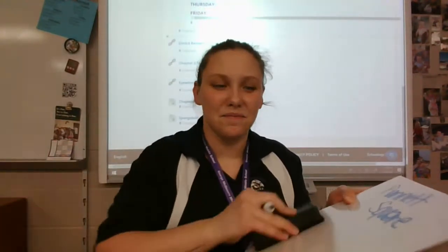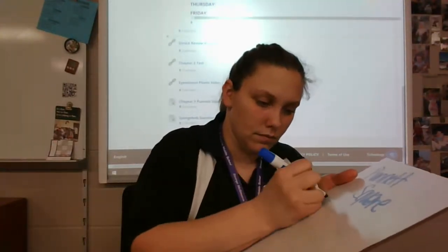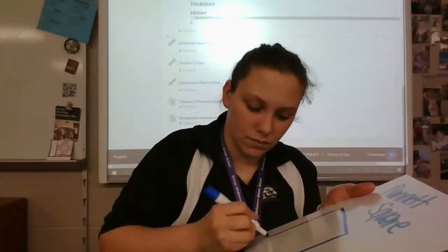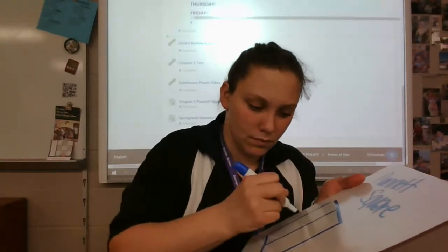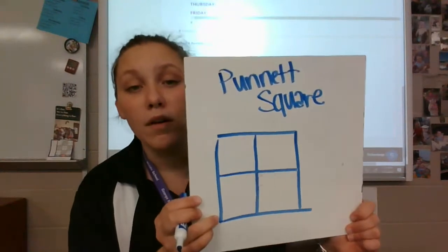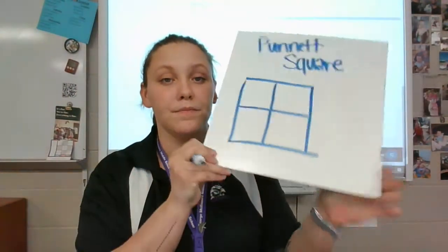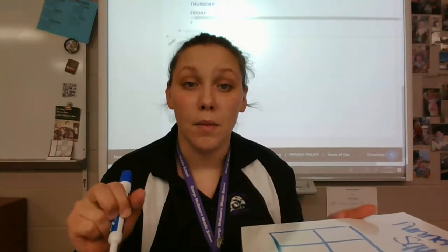Okay, this is a Punnett square. We are going to use the example of curly hair and straight hair. Look back at your notes. If you need to pause this and print out those notes or write the notes down that I talked to you about, do that and then come back and hit play.